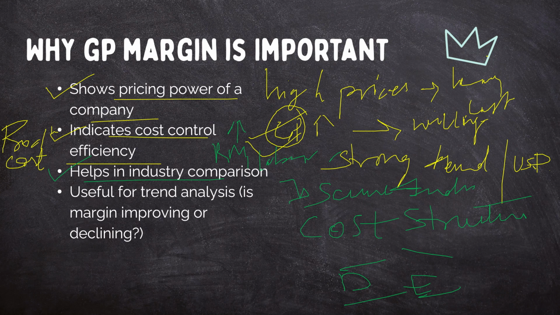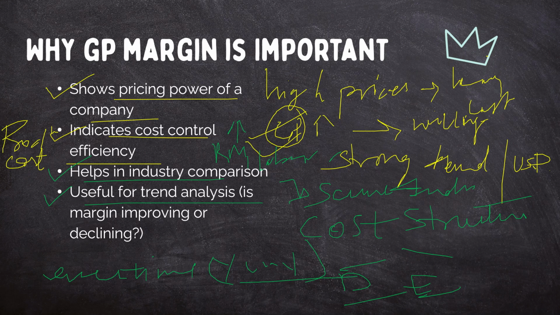And the last one is that it is useful for trend analysis. You can track GP margin over a time period, like on a year-on-year basis.